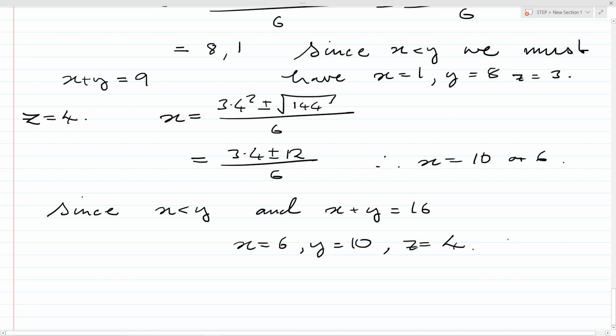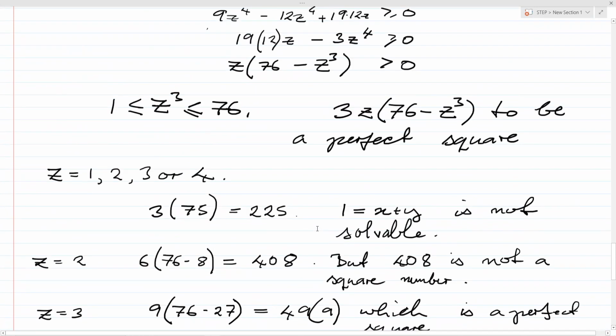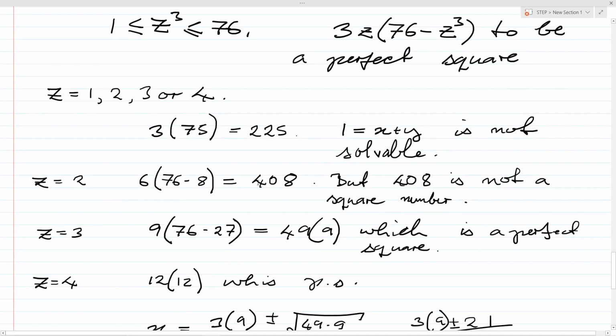These are the only solutions since we're constrained by z, and that in turn constrains x. If x is going to have a real solution, then this has to be a square number. Let's say it's a real solution, it has to have an integral solution. This has to be a square number.